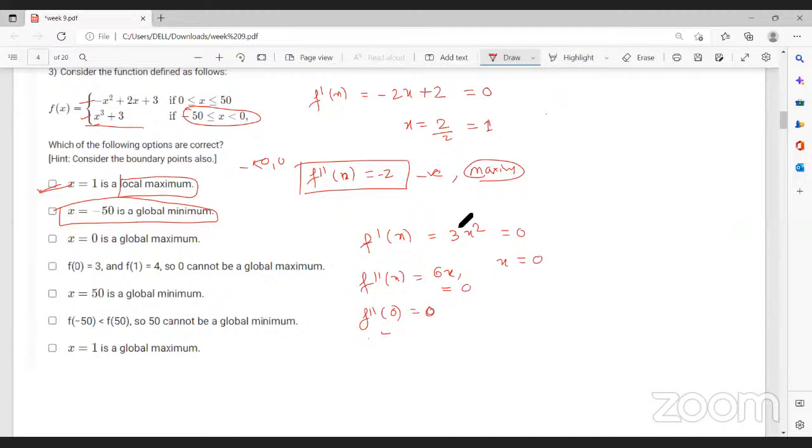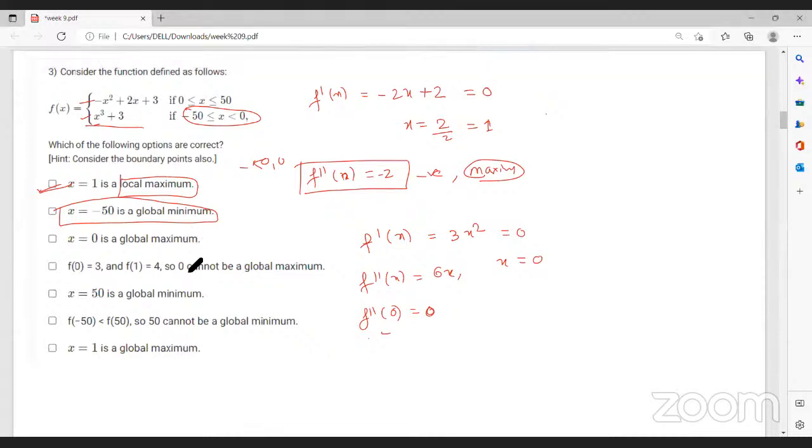Yes, that is what I am saying. This zero comes from the first derivative, so these are the critical points, right? Minus 50 you have to keep in f dash or f double dash. No, we have to find the global minimum, whether it is maximum or minimum, right?